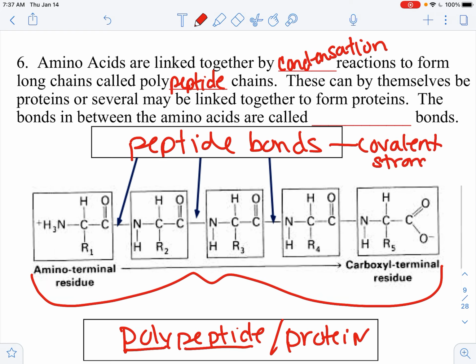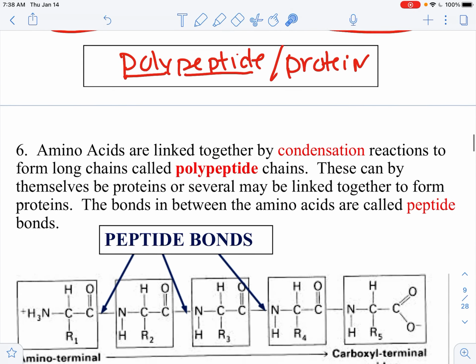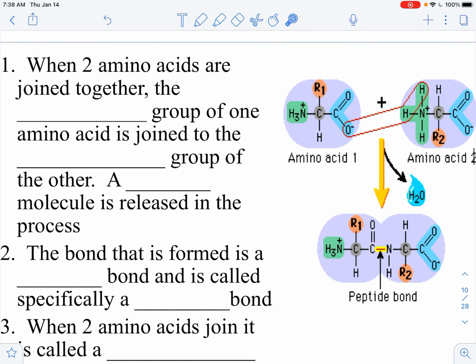Just put it's a strong covalent bond, which means it won't break under normal situations, okay? And so notice that every polypeptide chain has an amino end, that ends in the amino group, and then if you link them together, the other end ends in the carboxyl group. So we're going to see the carboxyl and the amino group, a water comes out, and that's what bonds them together. Okay. So here's a picture of it.